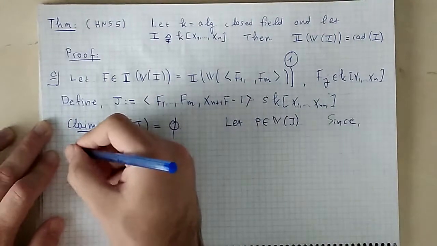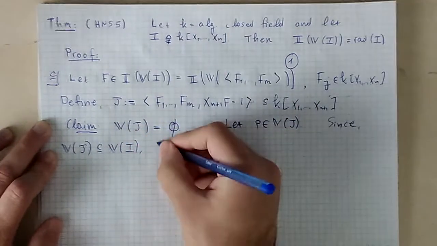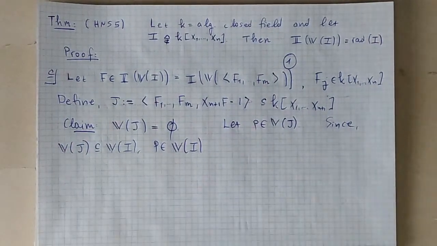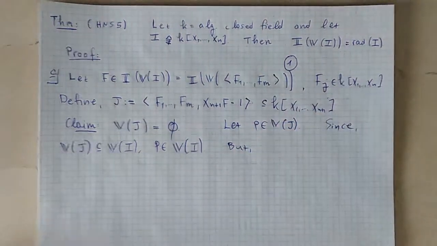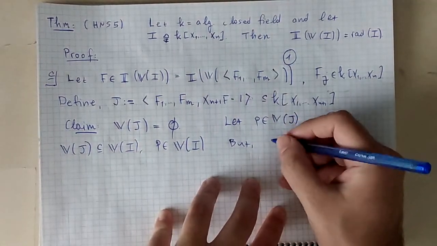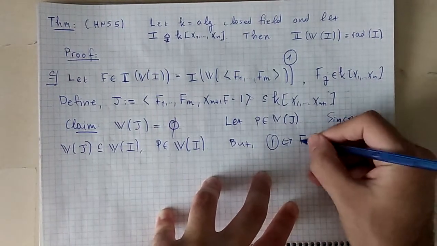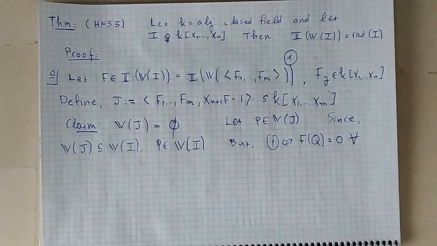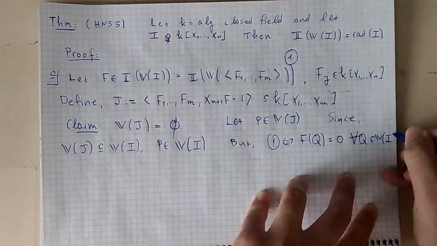And therefore, since V of J is a subset of V of I, we have that P lives in V of I. But we assume that f lives in here, and therefore by assumption relation 1 is equivalent to the following fact: if I take the polynomial f and I evaluate it at any element of V of I, then I'm going to get 0.